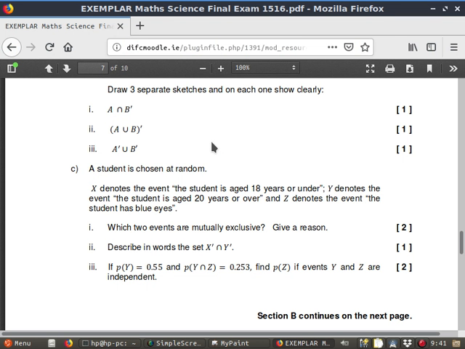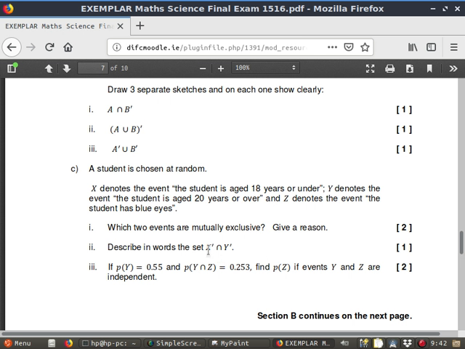Okay, what's the next one? Describe the mode. So who is a not X and a not Y? A 19-year-old.